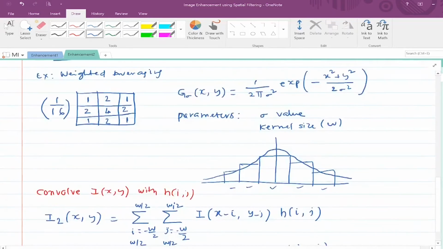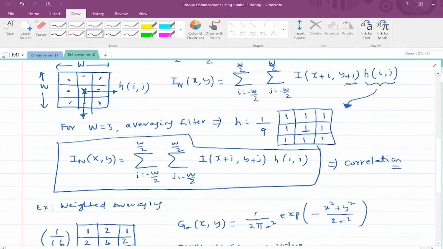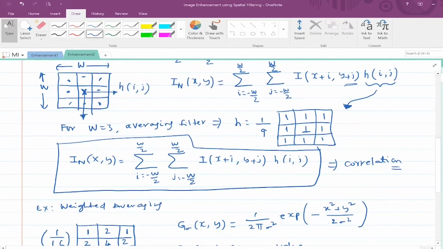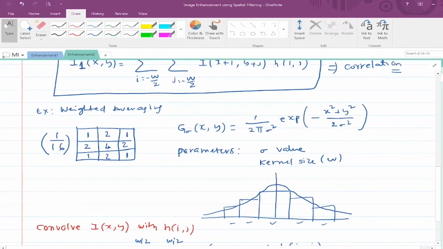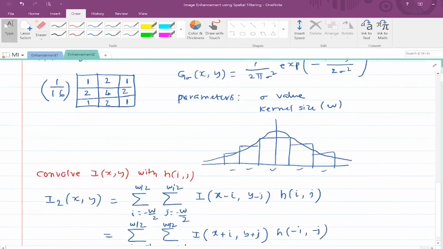Now compare this with the correlation operation here. Let me use subscript 1 for correlation and 2 for convolution. So let me call this, for consistency, I1 of x,y. So how can I relate correlation and convolution?